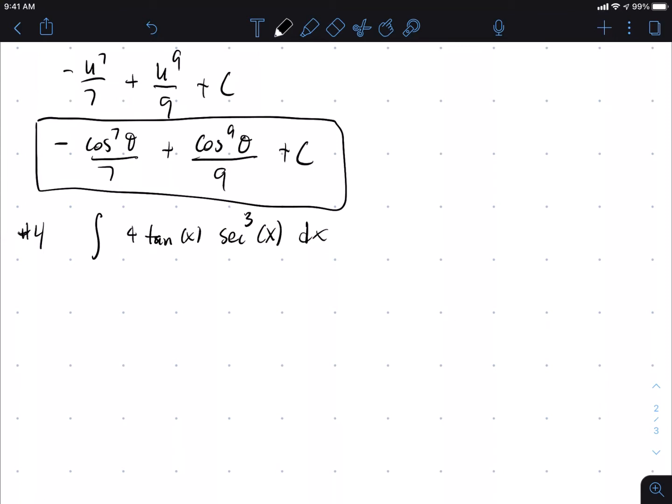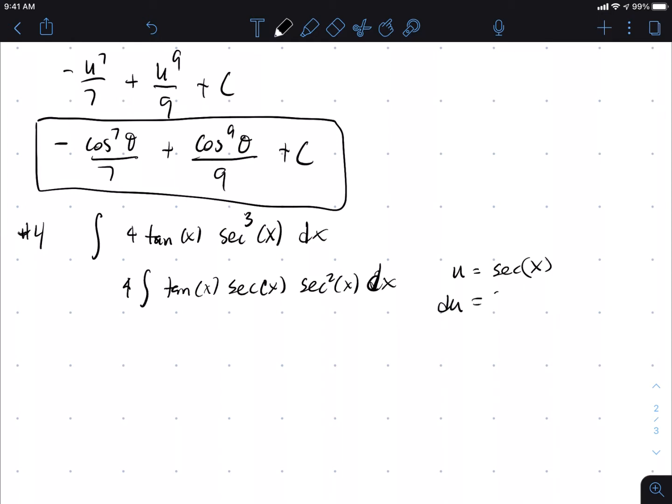So what can we do here? Well, you could break it up. Okay, cool. What should I break up? Well, the secant to secant squared secant. Okay, so I'll pull the 4 out. Go tangent of x, secant of x, secant squared of x dx. Good. Then what? Well, u sub. Okay, what's my u? Secant. Very good.